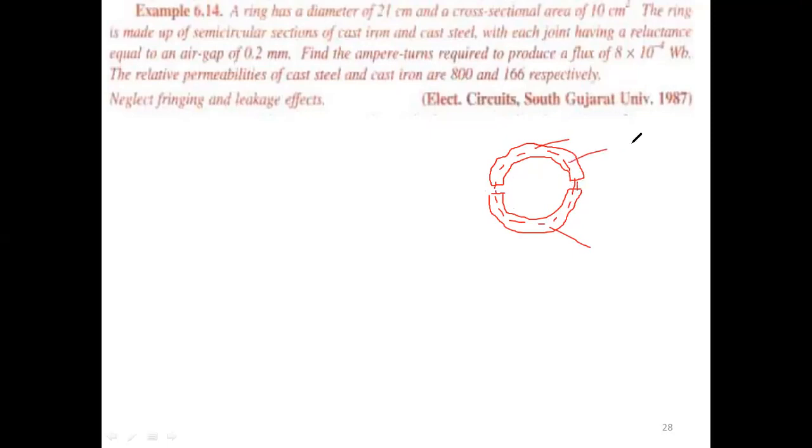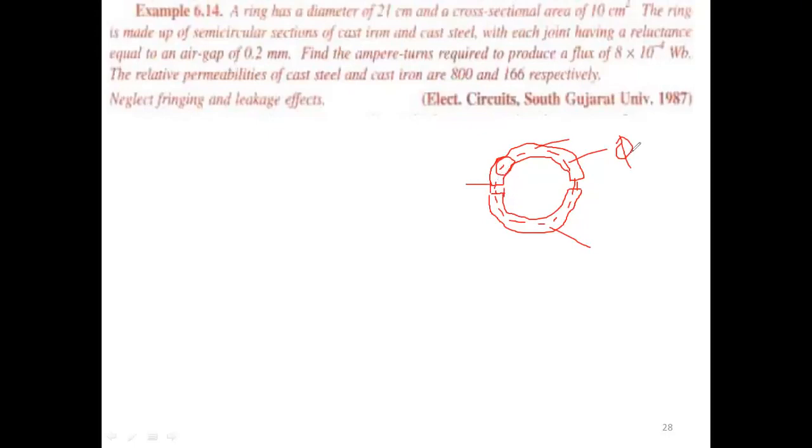So this phi is the same for all the materials, whether iron or steel or air gap. And all are having the same cross-sectional area. There is no change in the area also, because whatever the area is there, the same area they are maintaining here also.